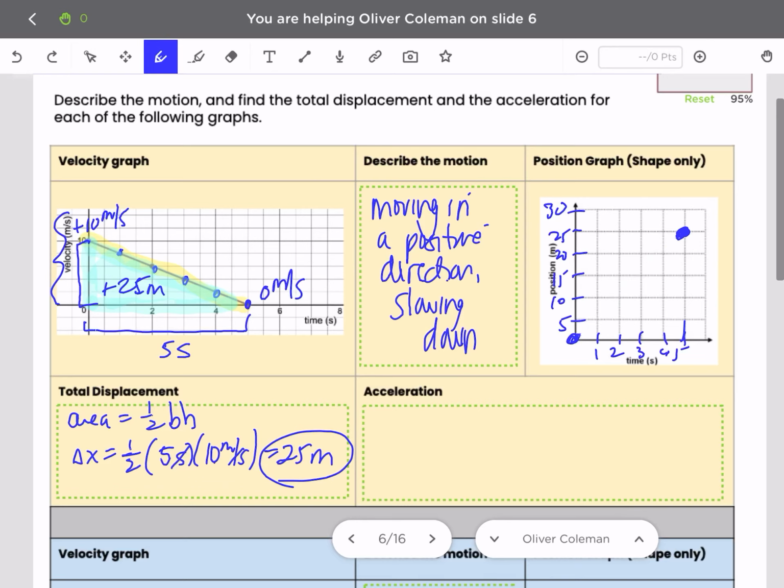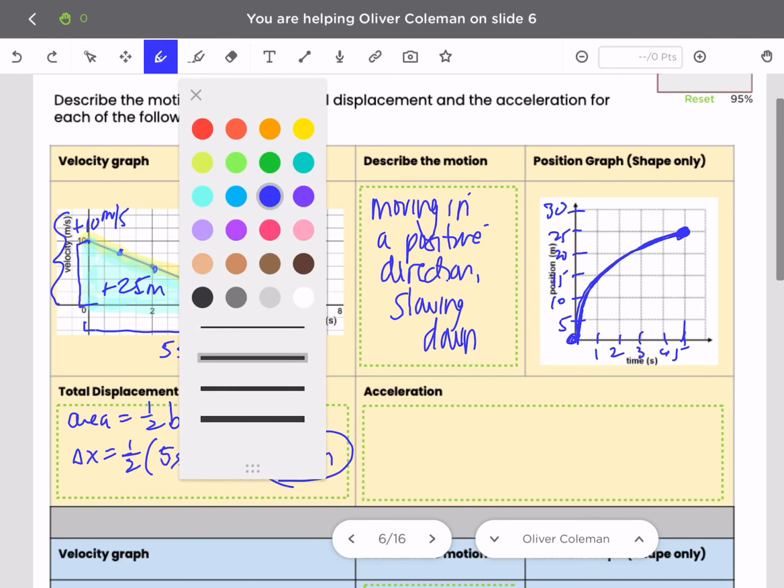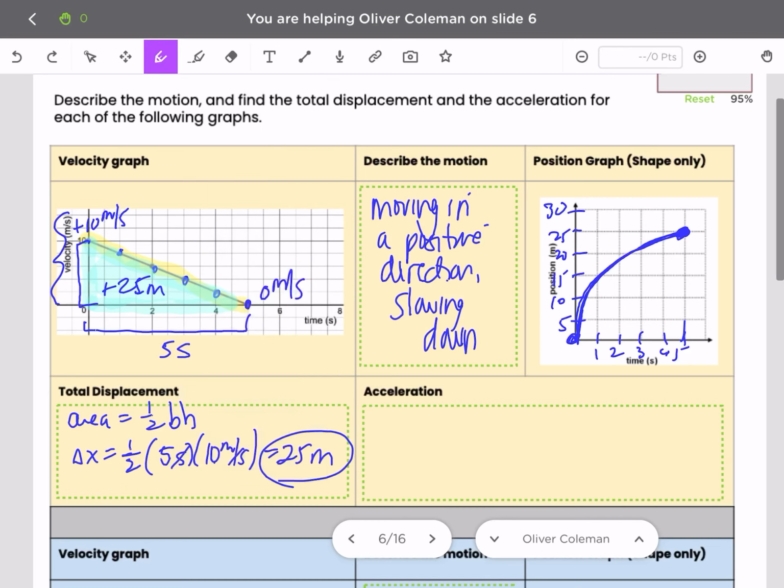If I draw a curve this way, those tangent lines are getting steeper, so that would be speeding up, which it's not. So my other option is to connect with a curve that's facing this way, because here the tangent lines start off very steep and then get more shallow, which means it's slowing down. That's how you see slowing down.